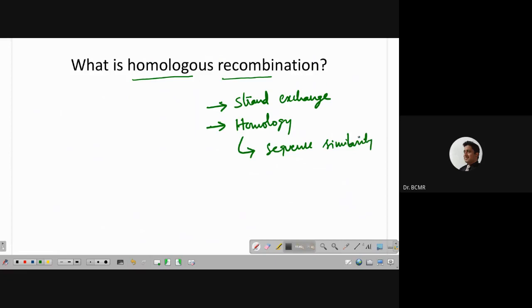That means it has very highly common features, common sequence or features. You can say sequence, because we are talking about nucleotide sequence, but not identical. That is important. You have to remember that it should not be identical. If it is identical, there is no exchange of information. All of recombination we talk about in this chapter and the next ones is about change in information.